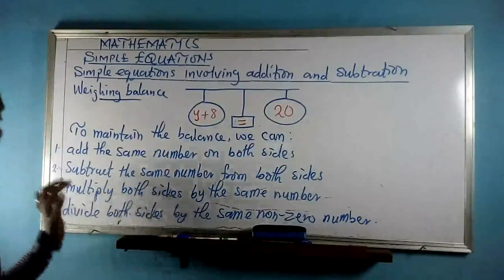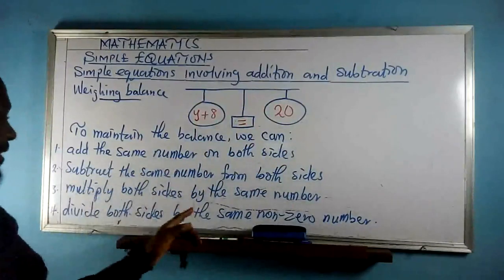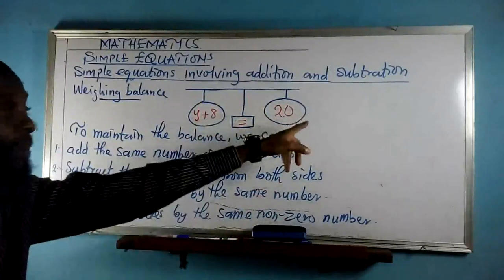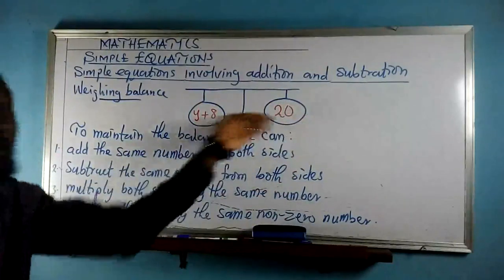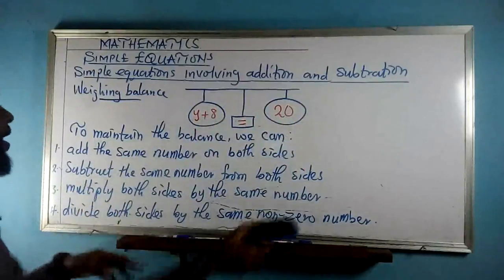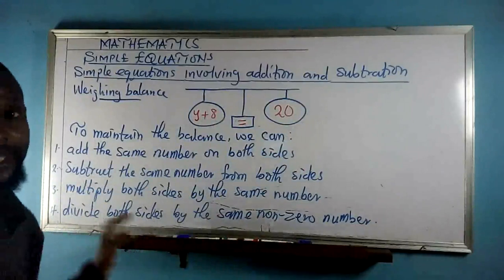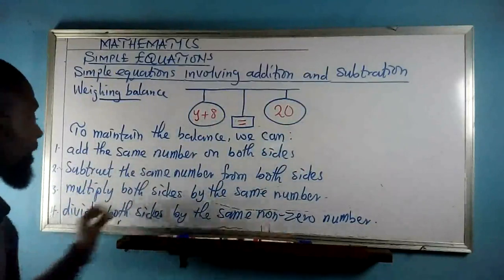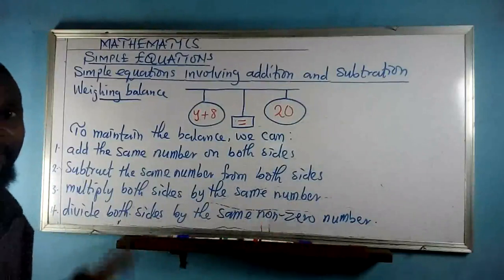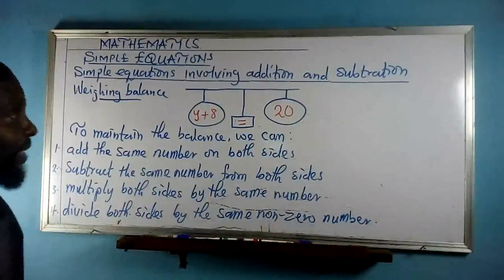Number three is multiply both sides by the same number. When you're multiplying this one by 2, you must multiply the other side by 2 so you can maintain your balance. And the last but not the least is divide both sides by the same non-zero digit. Don't forget you can't divide by 0. Do you get that? So that is how to maintain balance when you are solving simple equation.